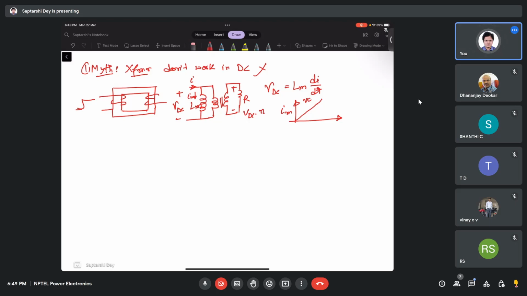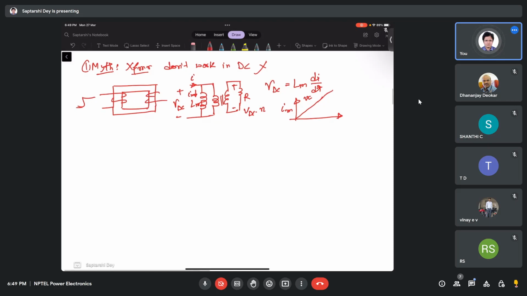This magnetizing current will keep rising like this, and with values of Lm that we generally have seen, millihenry, maybe even hundreds of millihenry, even a small VDC will suddenly give rise to a very large current. This linearly increasing magnetizing current will become so large that either the windings will burn if the supply has the capability of that much current, or the supply will trip.